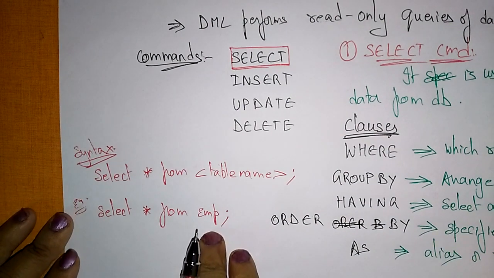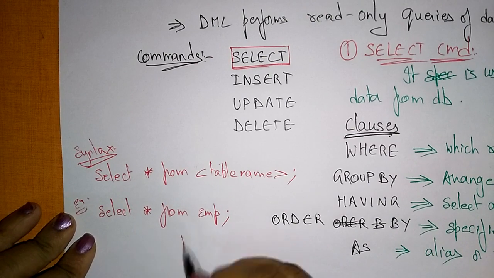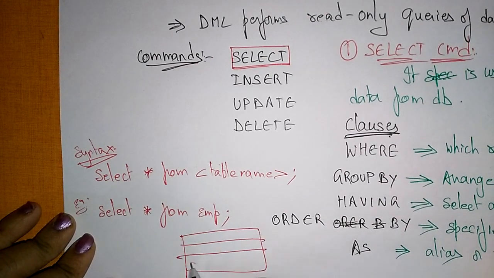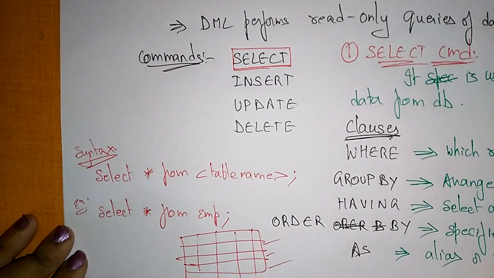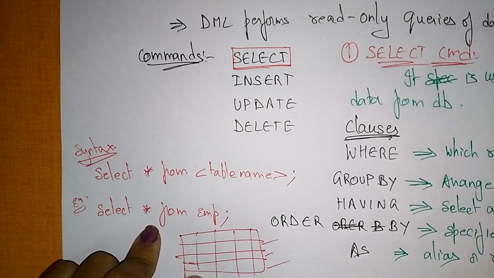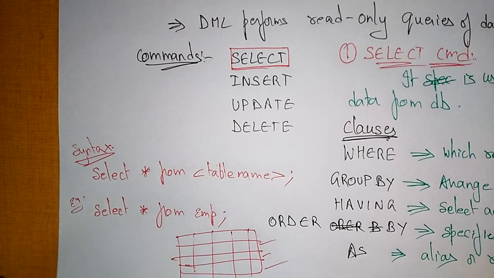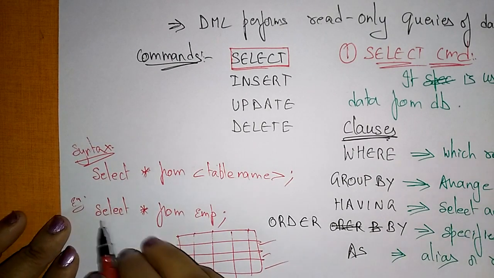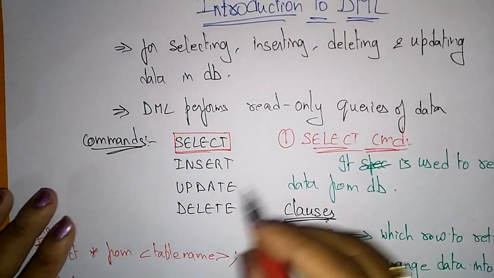In that employee table, it returns all the rows, so the complete table will appear on the screen. The star indicates that all the rows present in the table are selected. This is the syntax for the select command. Now let us see the next command.